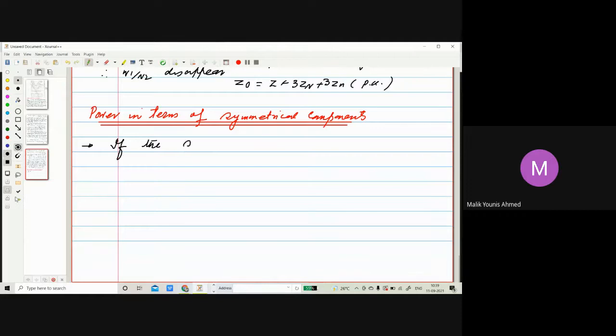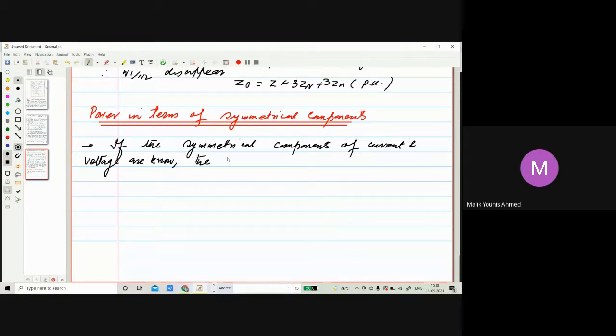If the symmetrical components of current and voltages are known, then we can easily compute the power, because power is always current multiplied by voltage in three-phase also.